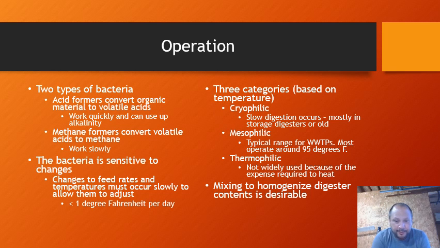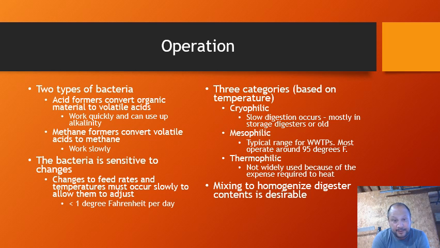Thermophilic, thermo would be the hottest. I think the range of thermophilic digestion takes place anywhere above 113 degrees. This is a more efficient digestive process, but generally not widely used because the energy requirements to heat the digesters to that temperature range are just too great.